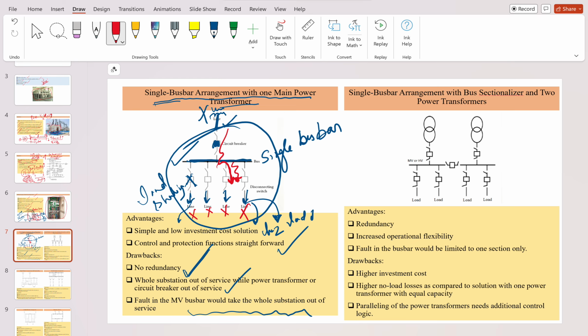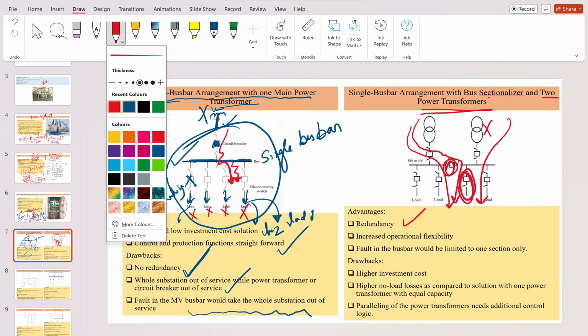Suppose there is another arrangement with the same system, but there are two power transformers. Suppose one power transformer goes out of service. In that case, you have the other power transformer to feed this load through this bus bar. That's why there is redundancy, because there are two paths by which you can feed this load.